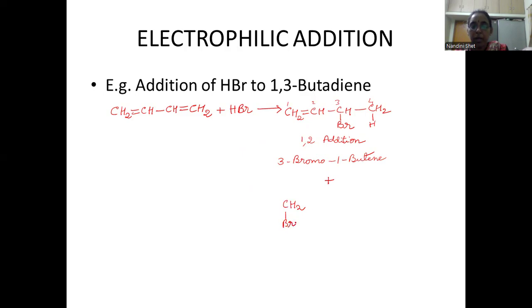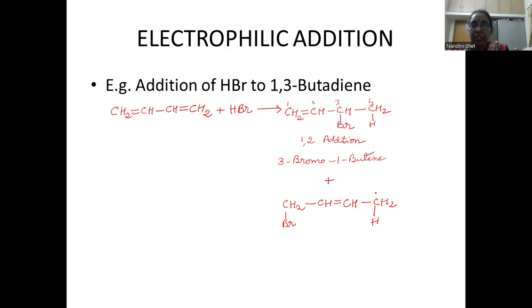CH2Br-CH=CH-CH3. That means here hydrogen bromide is added such that hydrogen adds to one carbon here and the bromine atom adds to a carbon which is far away from it.